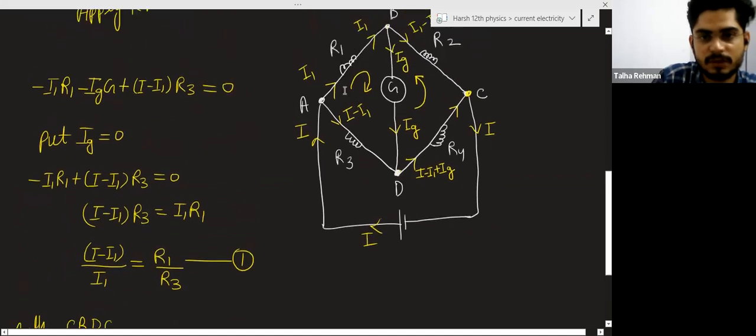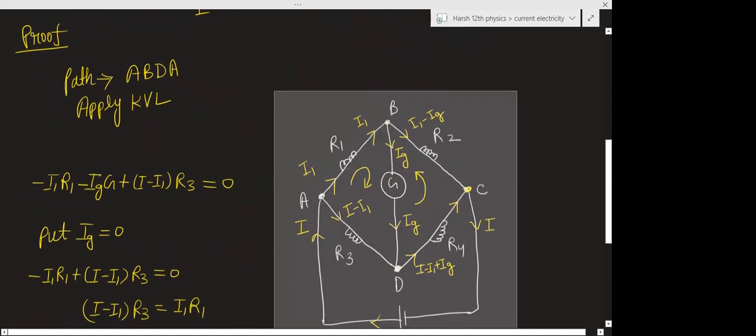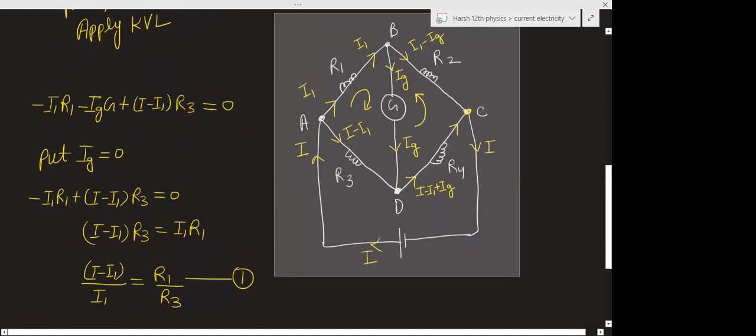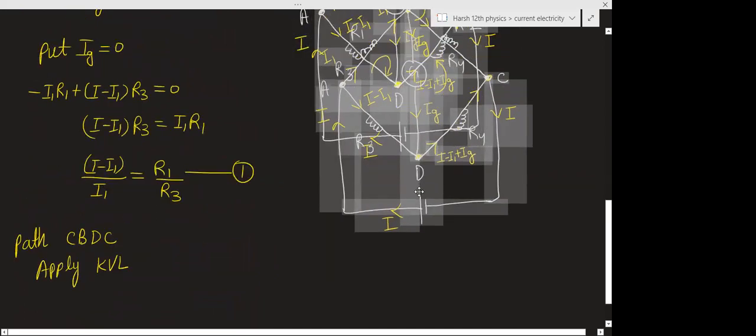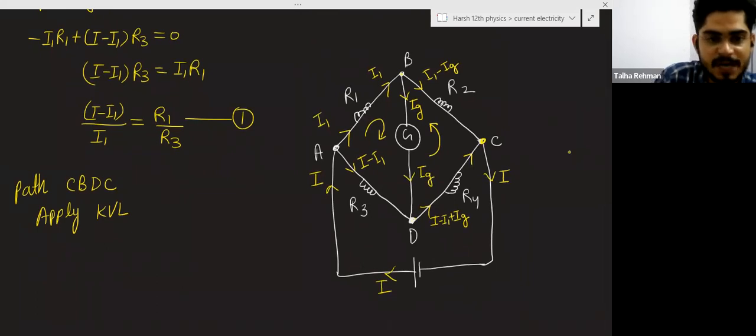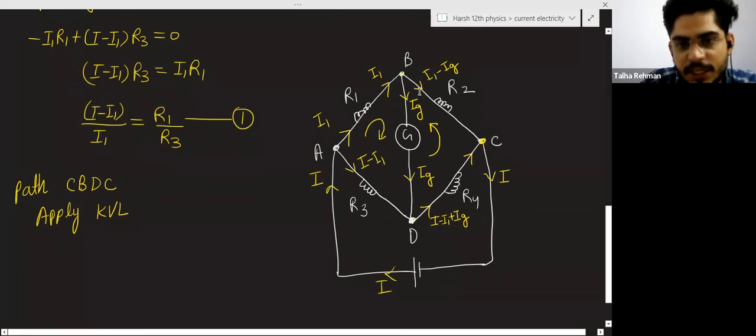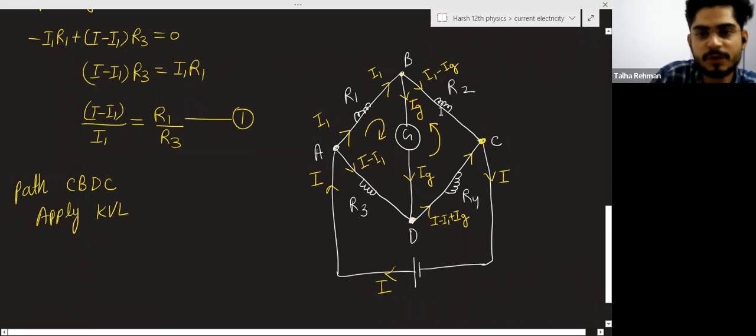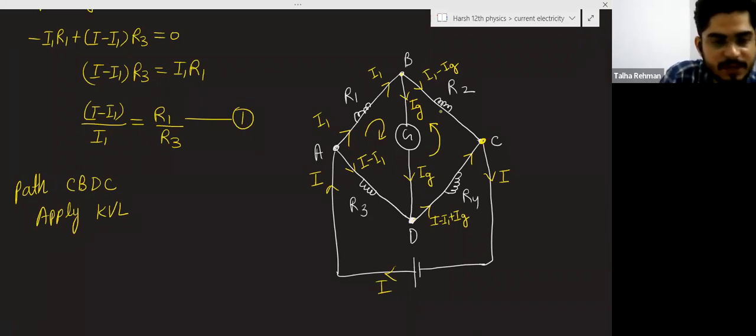Now apply. So we have path CBDC. In CB, what will you write? Plus I1 minus IG, I1 minus IG into R2.